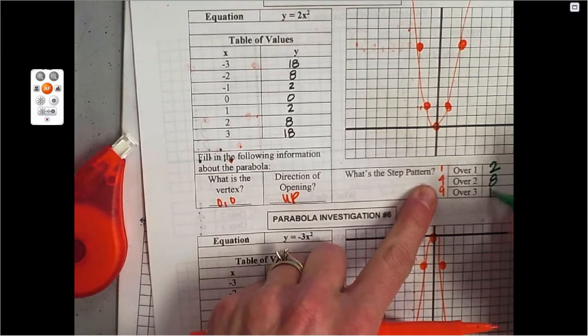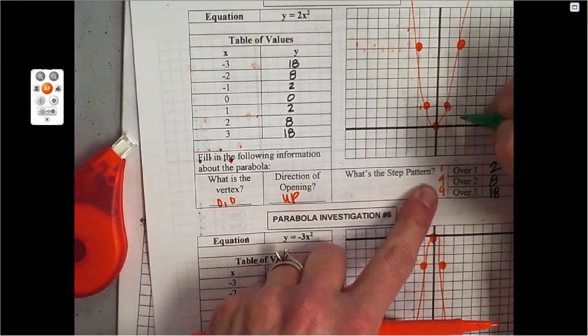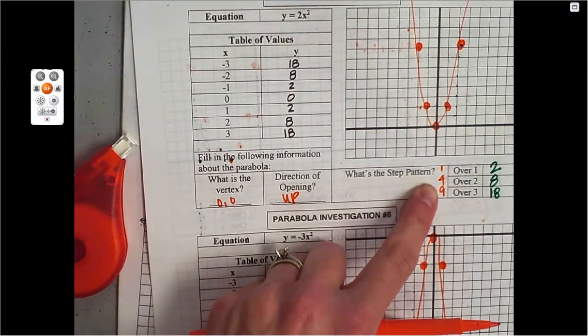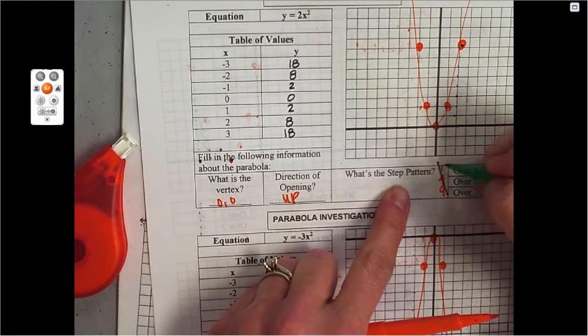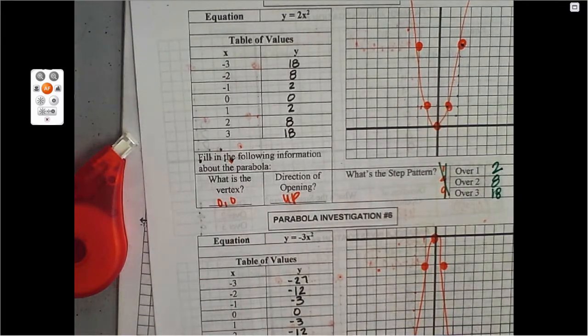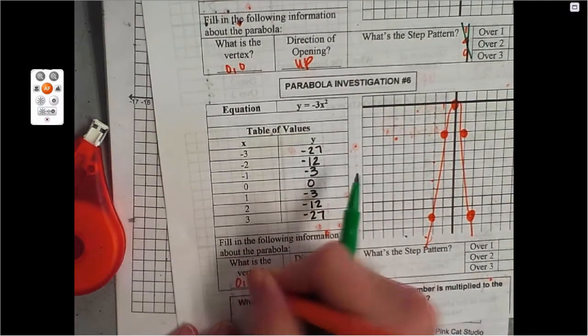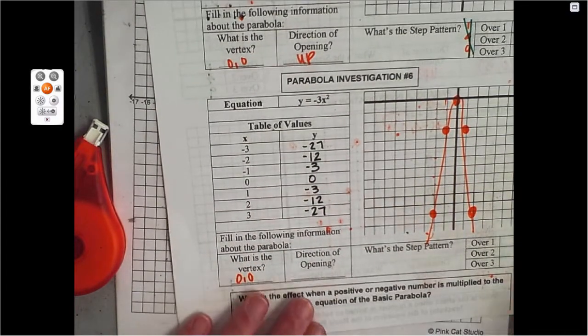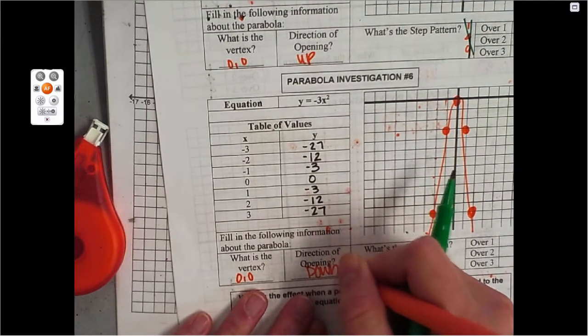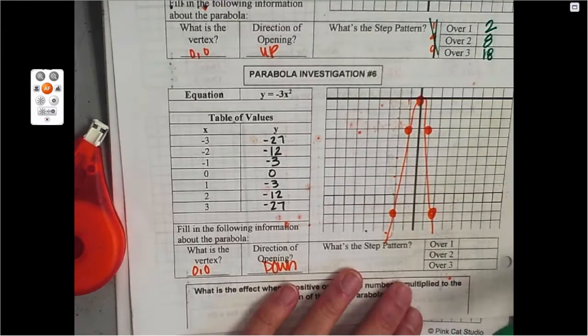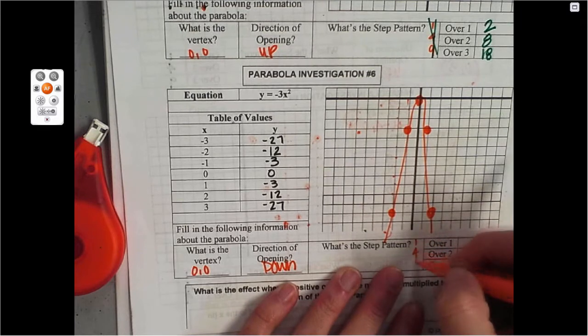2, 8, 18. Now, I'm going to mark that out. Go into the next one. So vertex 0, 0, opening down. The original is 1, 4, 9.